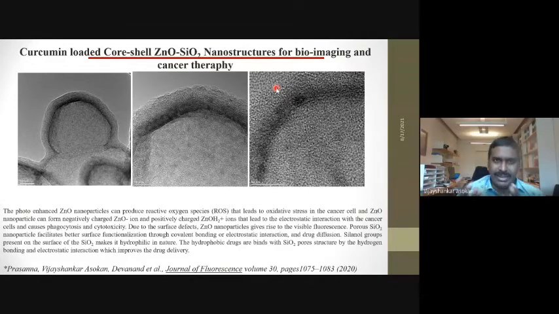So that's why we need the chemical properties of zinc oxide and silicon dioxide together. Zinc oxide is for enhancing the visible fluorescence effect, and porous silicon dioxide is for electrostatic interaction with the drug and diffusion. So that's why we need it.